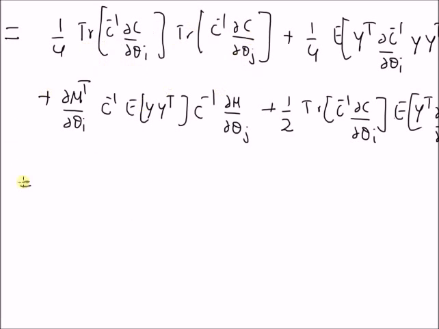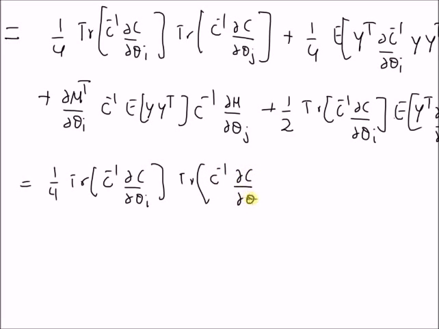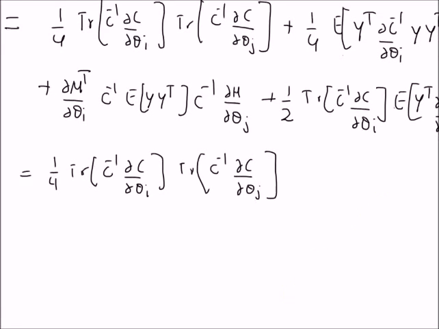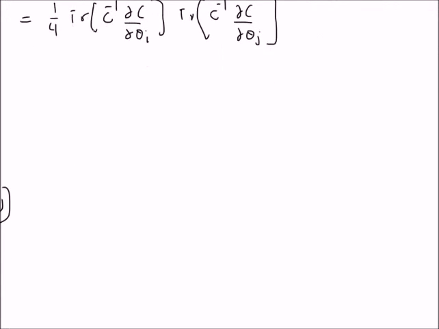So the first term does not change, so it is still 1 by 4 trace of C inverse derivative of C with respect to theta I multiplied by trace of C inverse derivative of C with respect to theta j. And for the second term, we are going to use the matrix identity defined as follows.